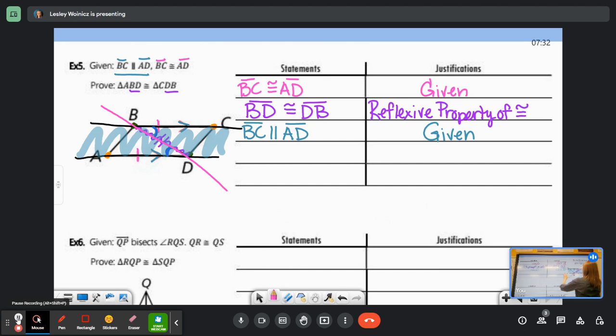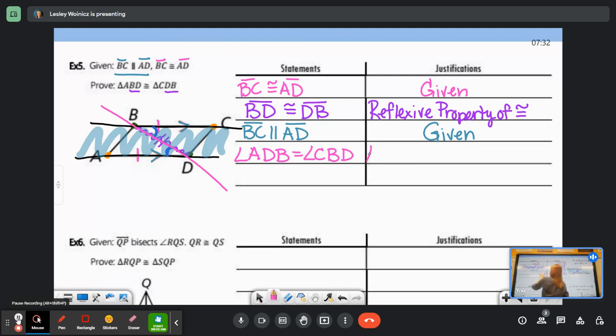So I'm going to say that angle CBD, I started with the second triangle. I don't know why I did that. CBD is congruent to angle ADB, right, ADB, yep.